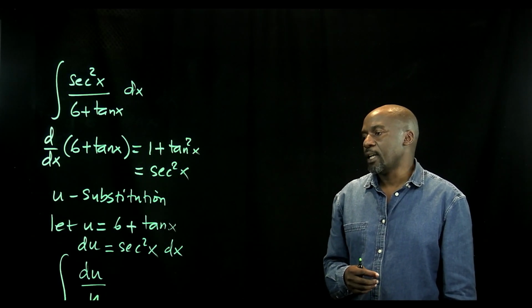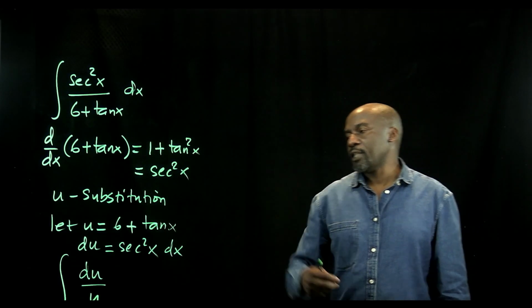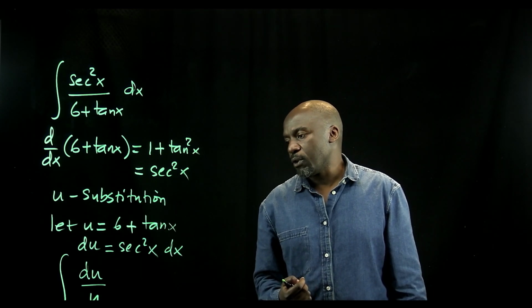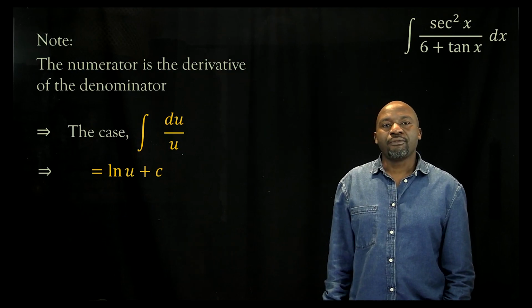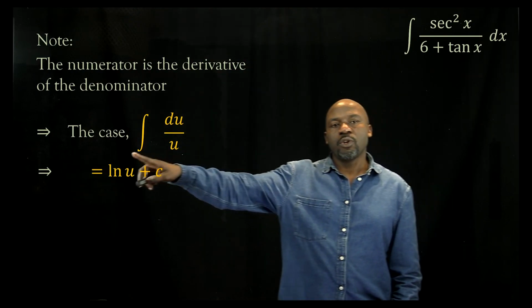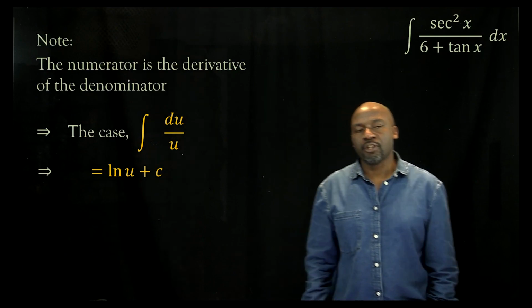We are effectively done, other than integrating 1 over u du. So our preliminary answer is ln of u, and of course plus c, because we do not have the limits of integration there.